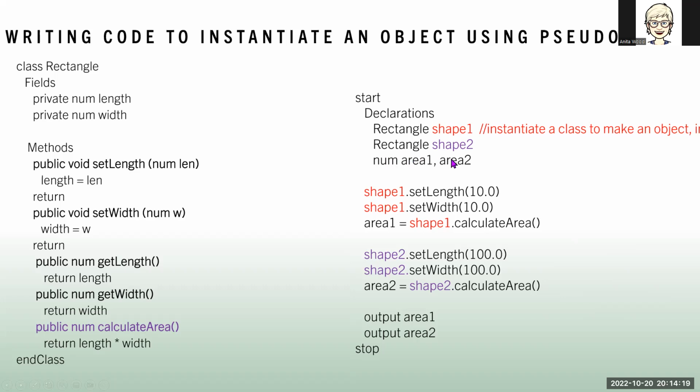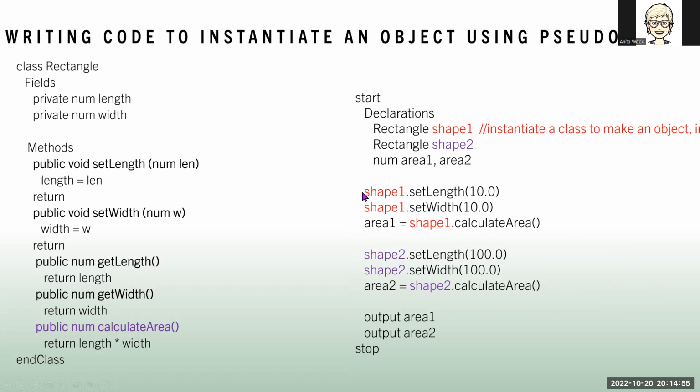I also have two other variables that are local to my main flow, area1 and area2. Now, I've set up shape1 and shape2. Shape1 has its own instance of everything in Rectangle, and it's set up in memory to point to its own instance. Shape2 has its own instance of Rectangle, and it's also got its own area in memory that holds these values.